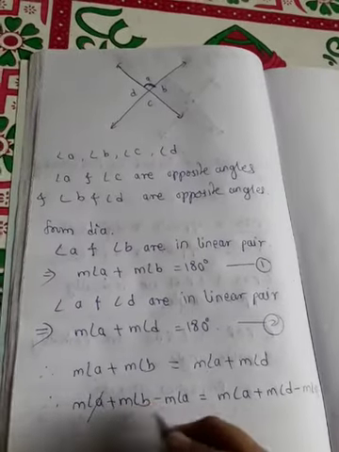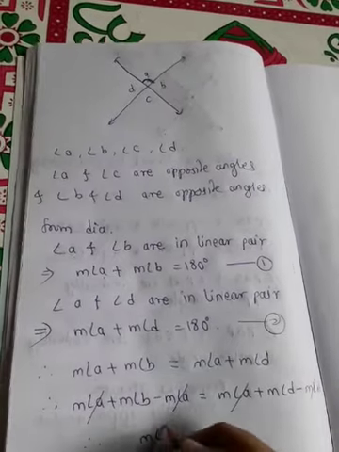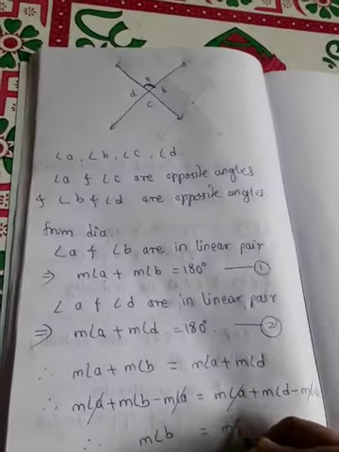Now the measure of angle A gets cancelled. What remains? The measure of angle B is equal to the measure of angle D.